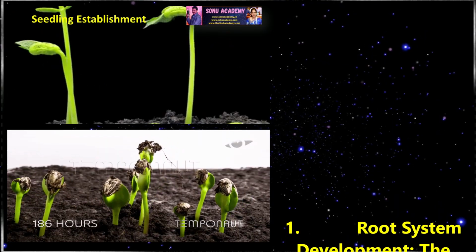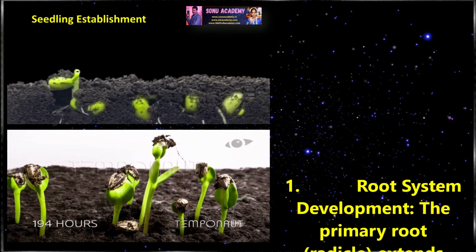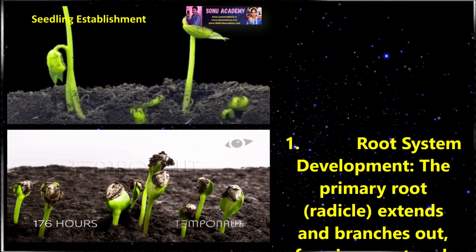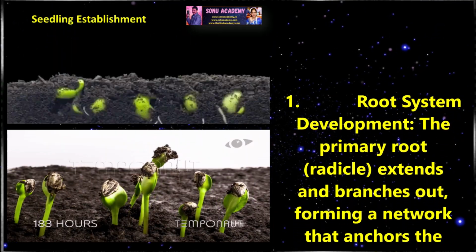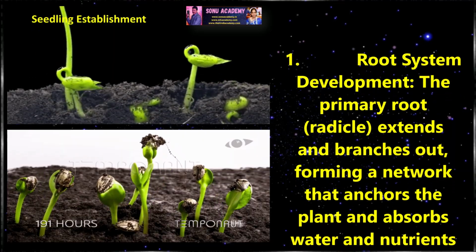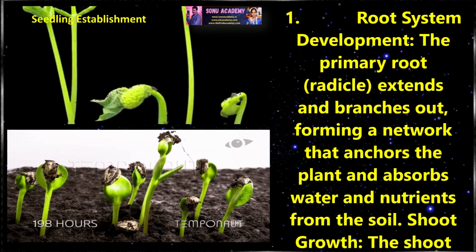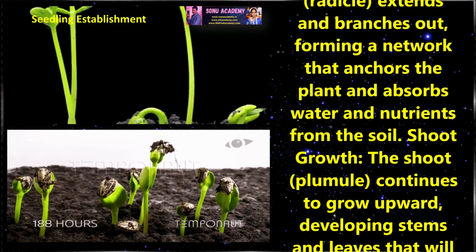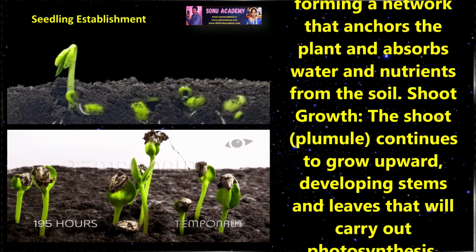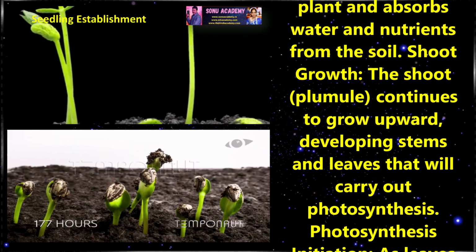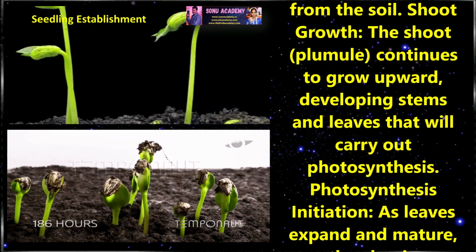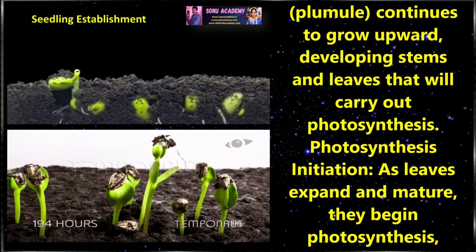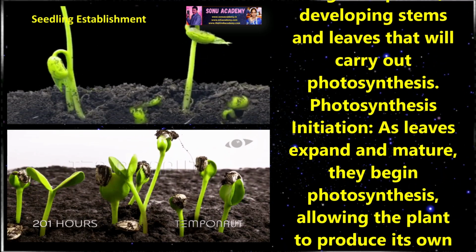Children, here are some key processes during seedling establishment. First one is root system development. The primary root, the radicle, extends and branches out, forming a network that anchors the plant and absorbs water and nutrients from the soil. Second one is shoot growth. The shoot, the plumule, continues to grow upward, developing stems and leaves that will carry out photosynthesis.